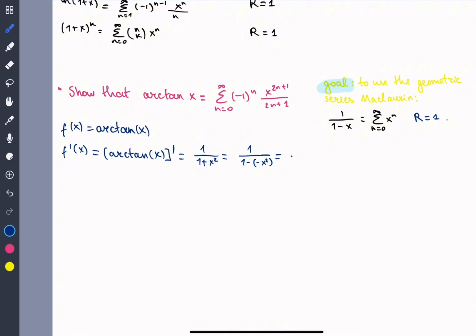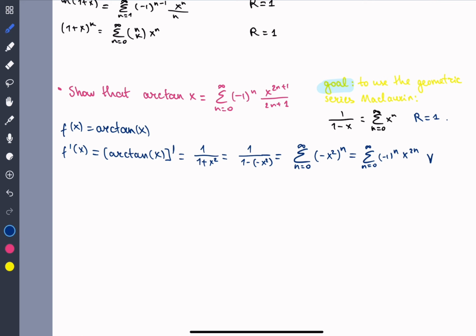Now we'll just equal it to the series from 0 to infinity of minus x squared to the power of n. And this equals the sum from 0 to infinity of minus 1 to the power of n times x to the power of 2n.